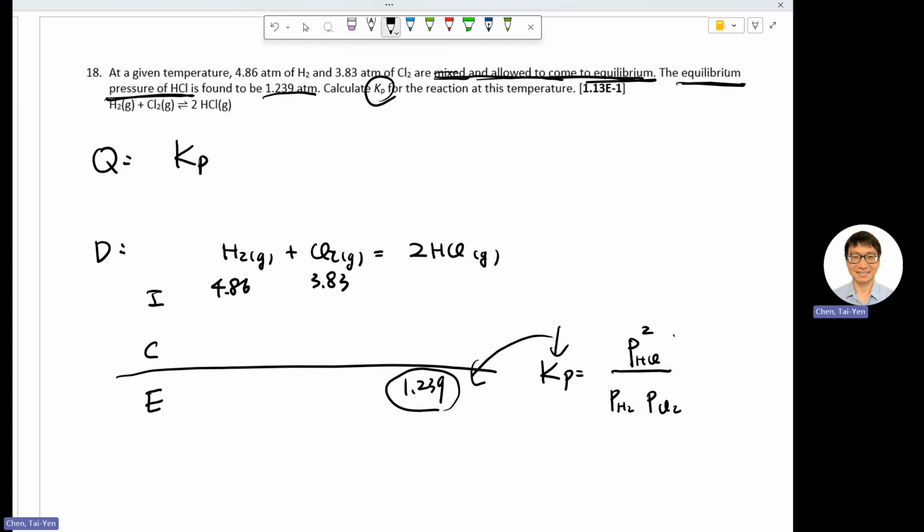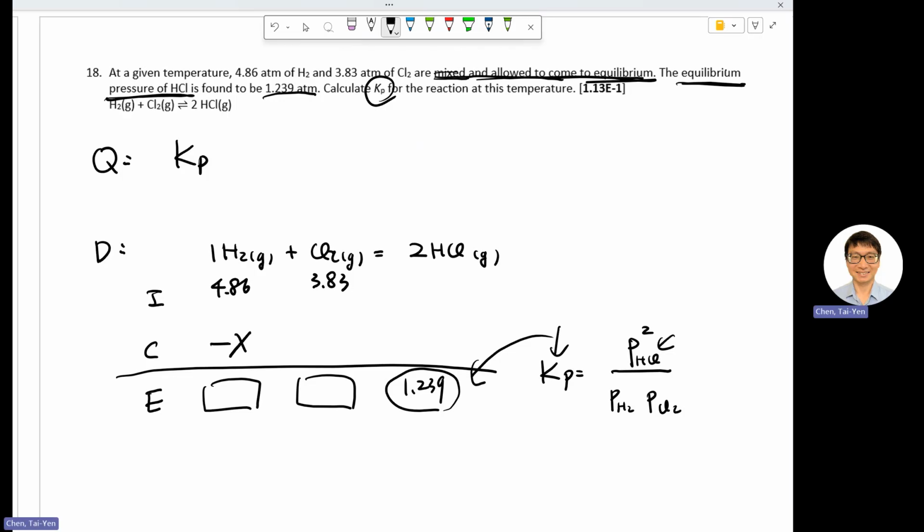Then the thing you want to solve is your Kp, meaning that you already have this one, 1.239 at equilibrium, right? But you don't have these. Those are the things you want to solve so that you can solve your Kp. So in this case, what you need to do is let the reaction start to react, meaning that in the change row, you need to say, I'm going to consume some of my reactant. Let's say I consume X of my H2.